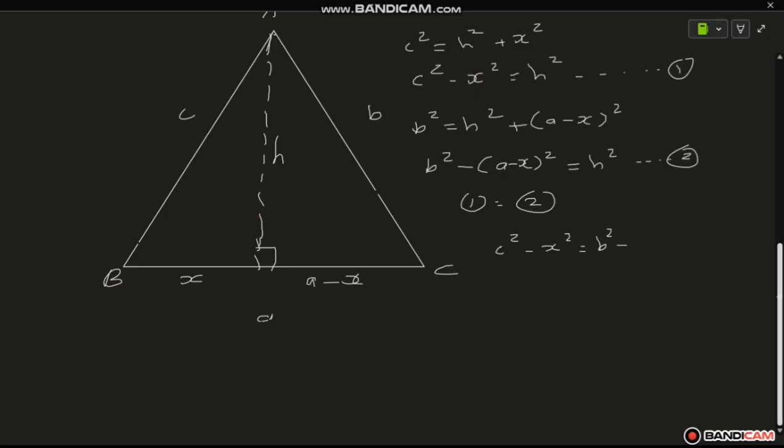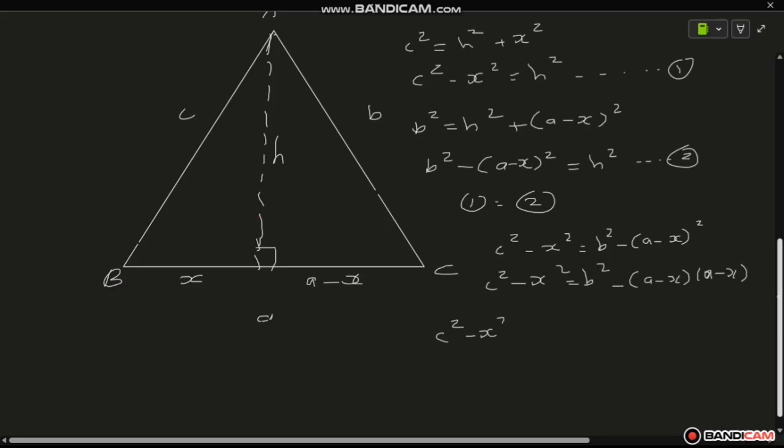Therefore, c squared minus x squared is equal to b squared minus (a minus x) squared. Then let's eliminate the brackets. We don't want brackets here. So b squared minus, remember we must keep the brackets, then we do the FOIL method to get rid of the brackets.